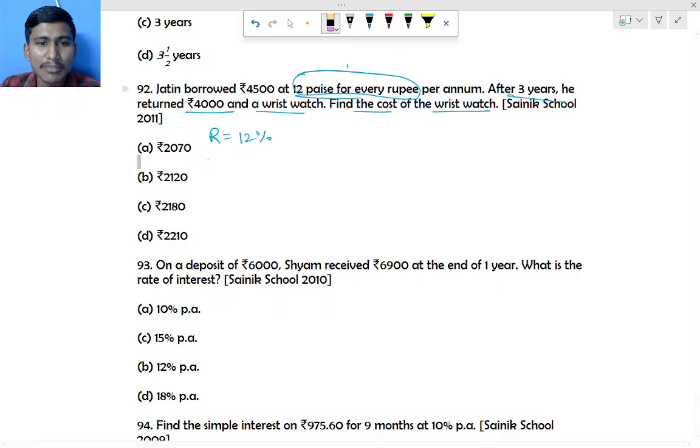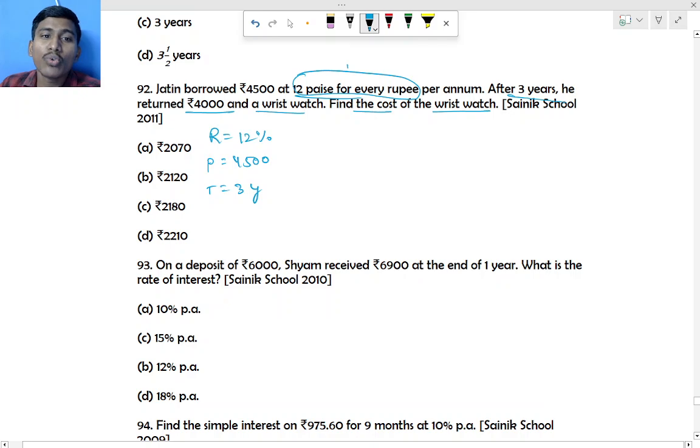So principal is how much? 4,500. After that, time is how much? 3 years. So now what will be the interest? Now you find the interest directly, I am taking PTR by 100. P is principal 4,500, time is 3 years, R is 12, divided by 100. These two zeros cancel.